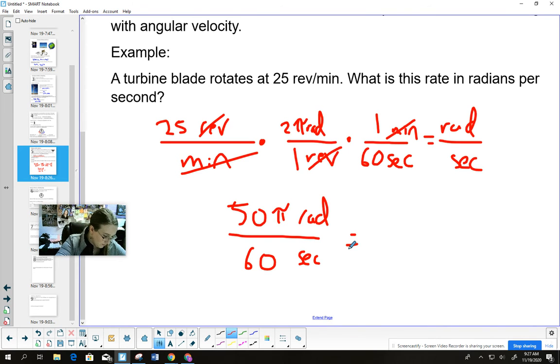So 50 times pi divided by 60, or 5 over 6 pi, comes out to be 2.62 radians per second. So again, usually you're going to have your answers like this, in a decimal.